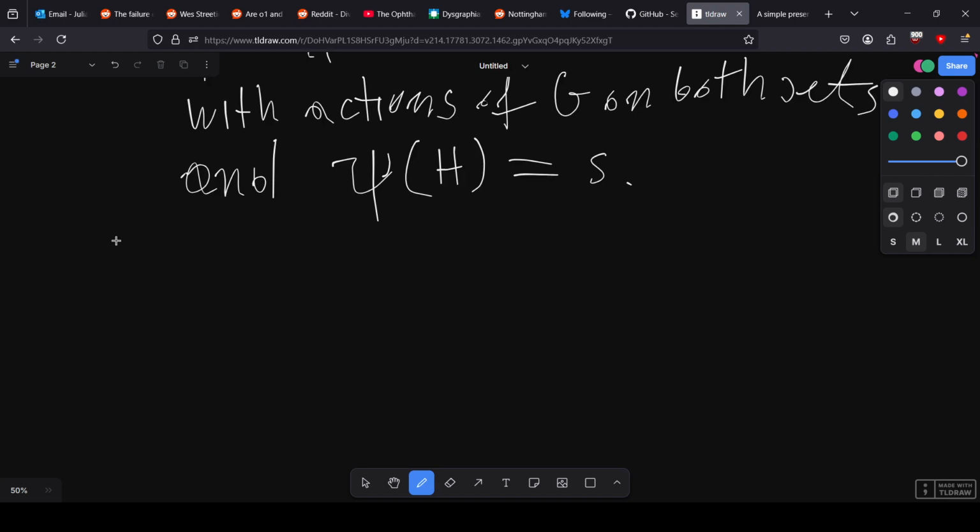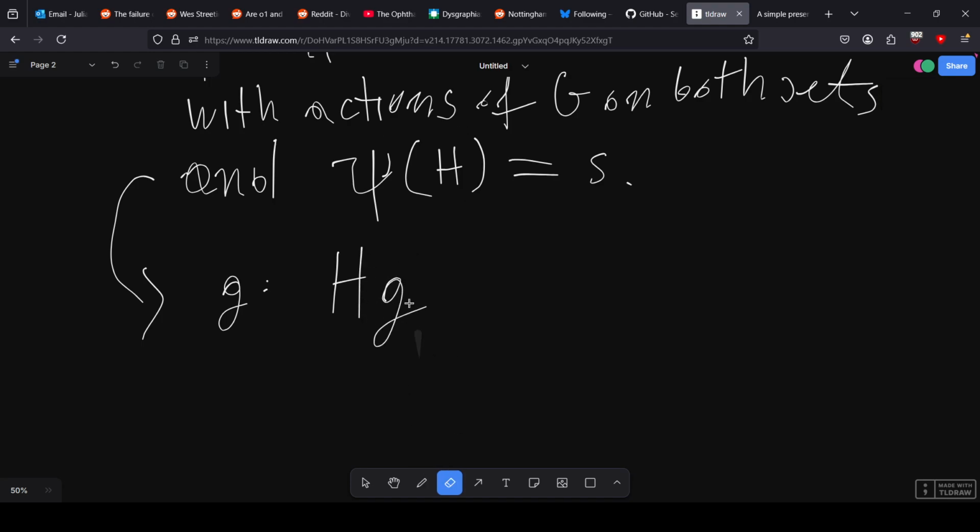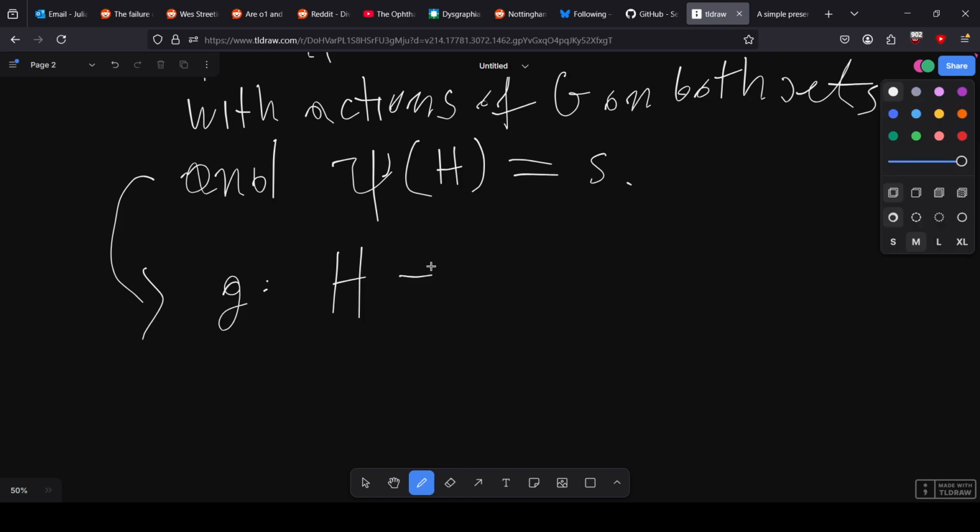So, if some of you have been present during the presentation about Chapter 5 in Artin, this will be extremely familiar. If we look at the action of g on cosets, g sends H to Hg.